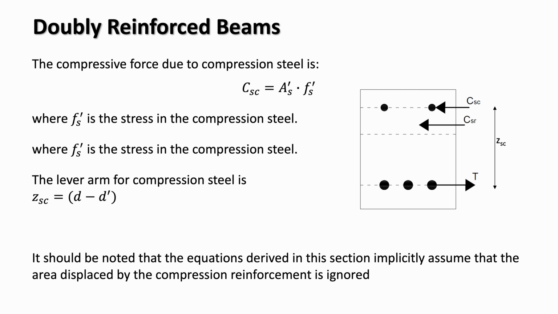The compression steel acts at a lever arm measured from the tension steel, and that distance, z_sc, is d minus d'. This lever arm is slightly shorter than the tension lever arm because the compression steel is closer to the top of the section. Finally, note that in these simplified equations, we ignore the small reduction in concrete area, which is caused by placing the compression bars. For normal reinforcement ratios, this has a negligible effect on the strength.